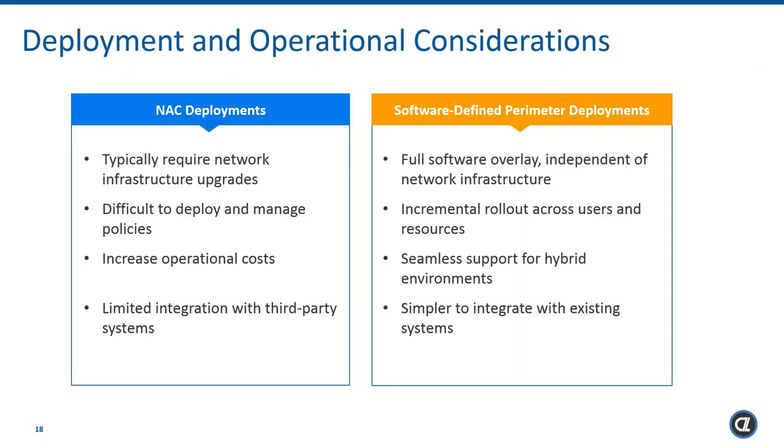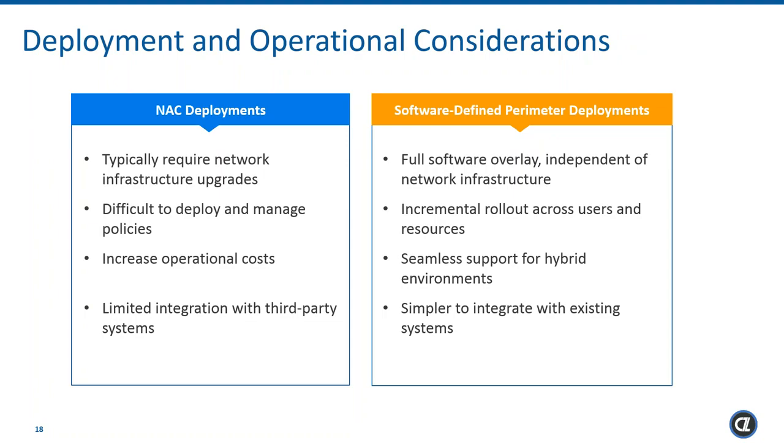So let's have a brief overview of the deployment considerations. I know we've only got a few minutes left, but in general, what we've heard from customers, and what analysts talk about, is that NAC deployments are really challenging.